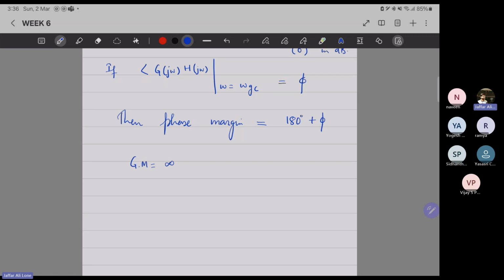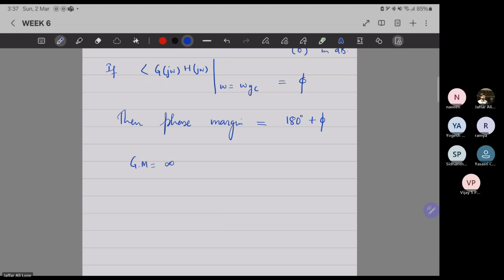If you're able to answer this question, then you have understood. Anyone? That means if you are increasing gain to any amount, the system will not become unstable. So it means the system is always stable.